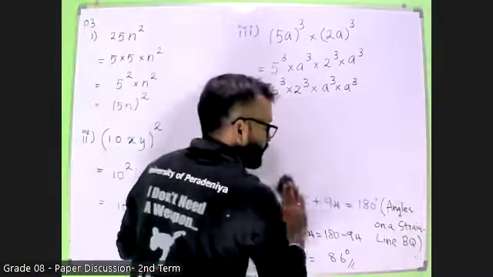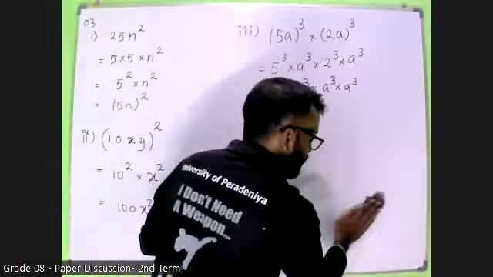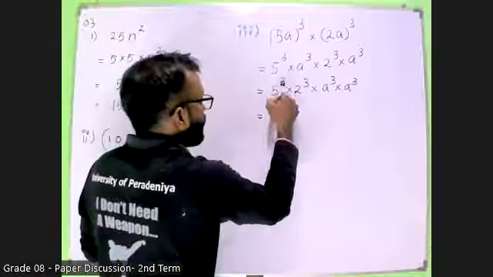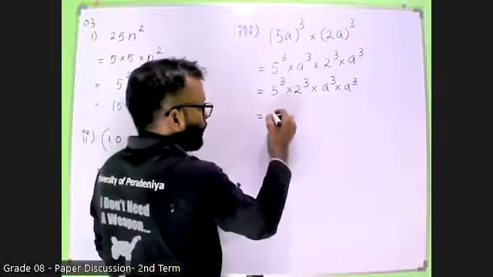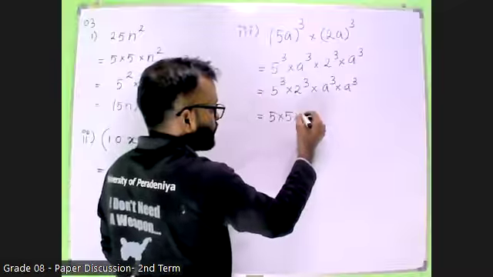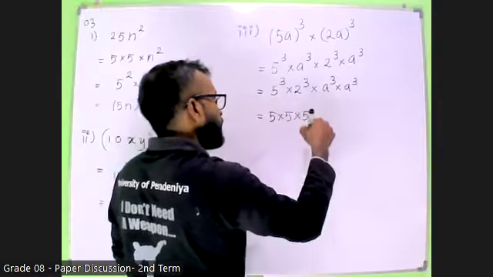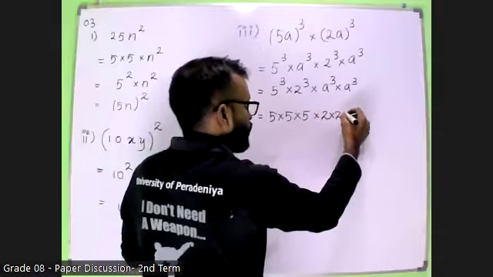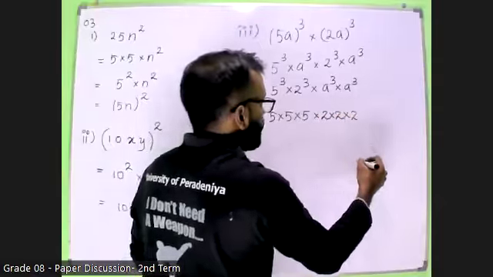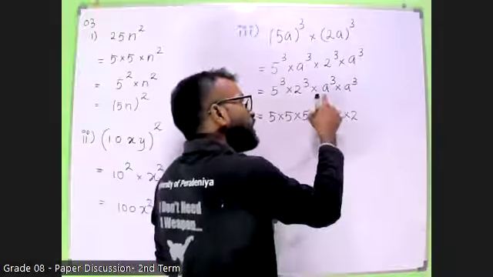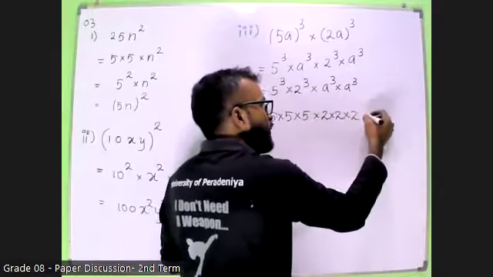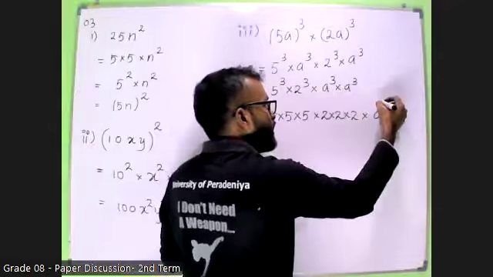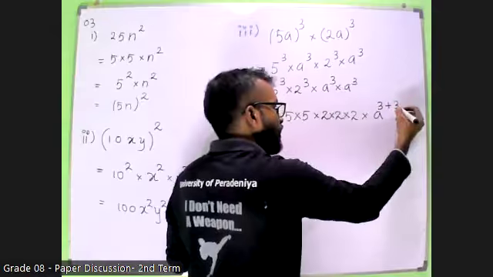If you use the laws of integers, you can expand 5 to the power 3: 5 needs to be multiplied 3 times. 2 to the power 3 is 2 times 2 times 2. A to the power 3 times a to the power 3: same base, so the powers should be added, 3 plus 3.